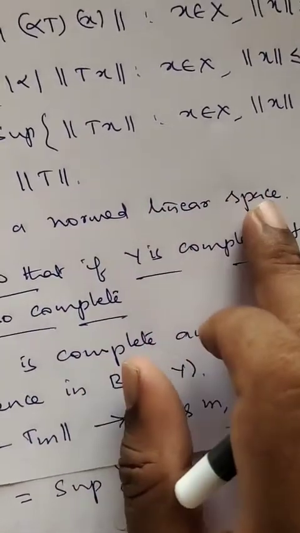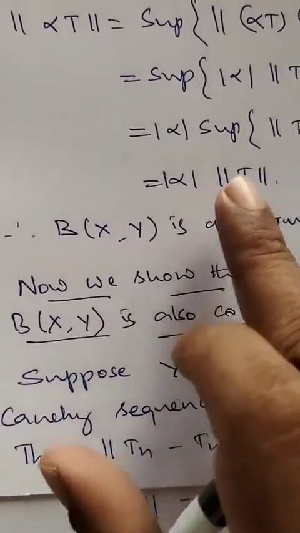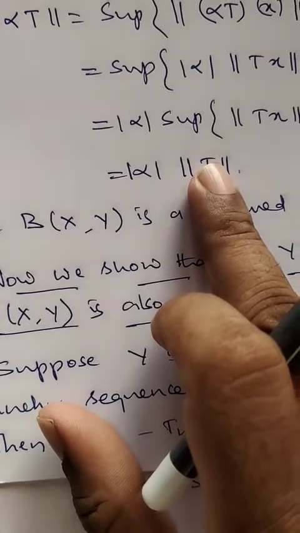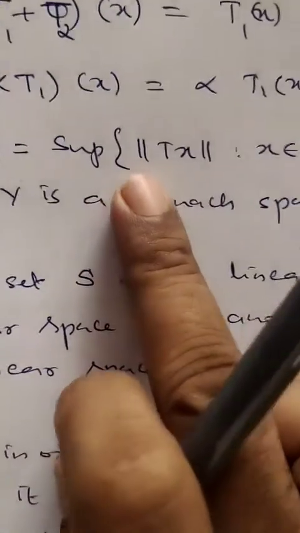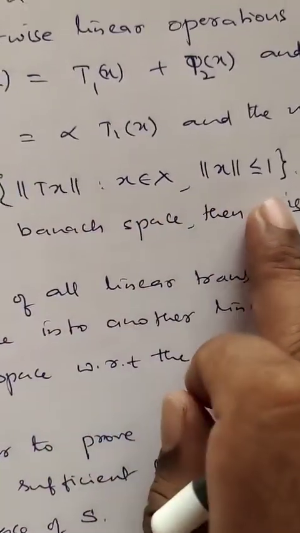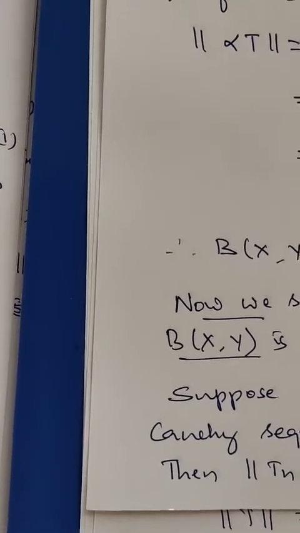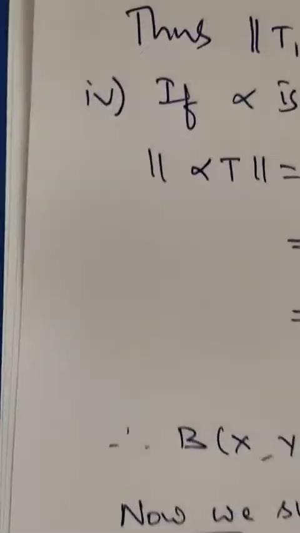First we have shown it is a linear space, now the defining norm satisfies the conditions. This is a norm on B(X, Y). Therefore B(X, Y) becomes a normed linear space. So this is one part of the proof.